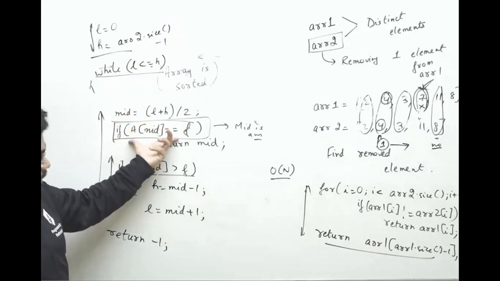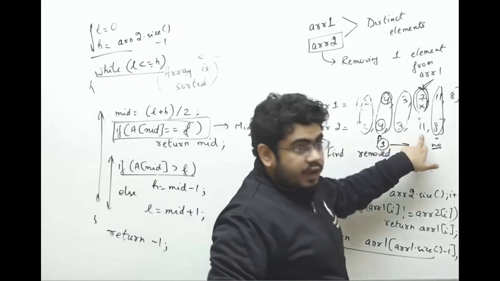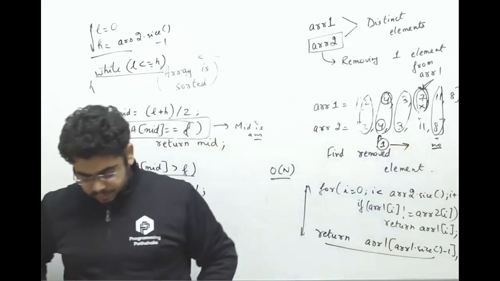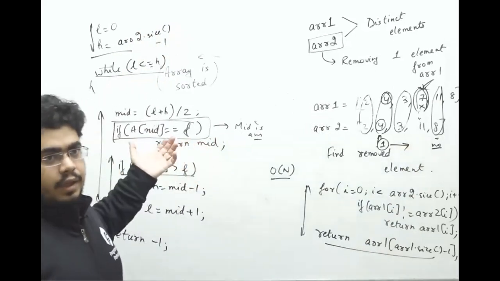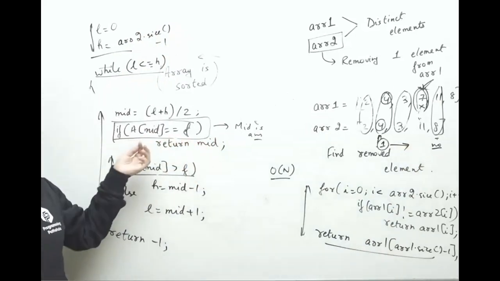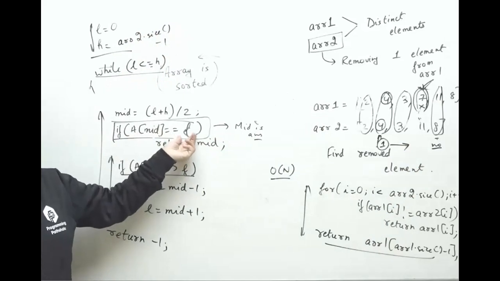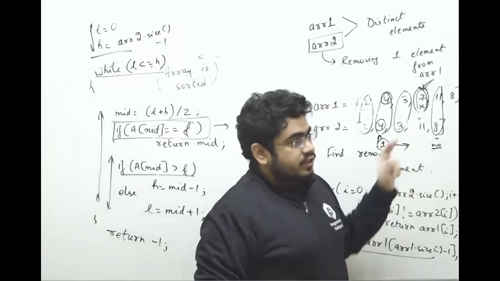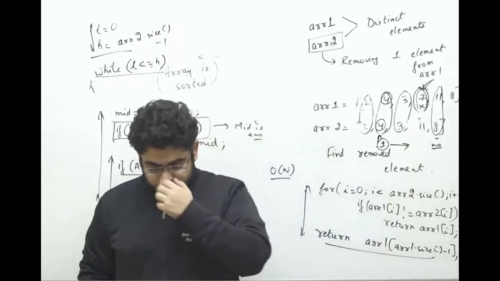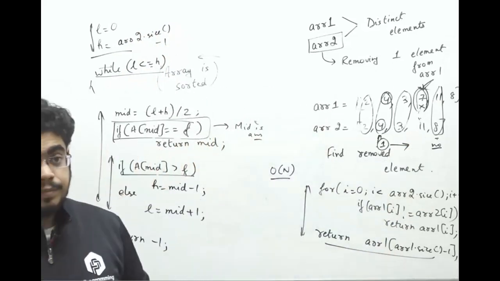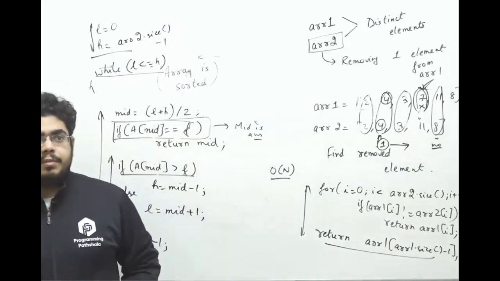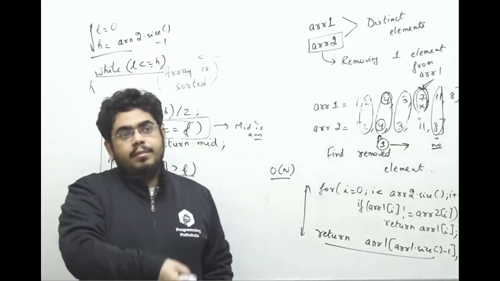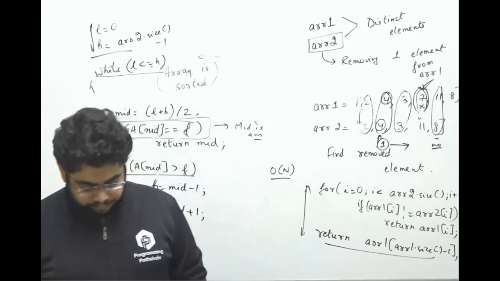Now, how to check if the current index is your answer? In simple binary search, it was easy. If my current element is the same as the element that I wanted to find, that is my answer. But how do we determine if this is the answer itself? Can you all think and tell? How do we determine if your mid element itself is the answer?